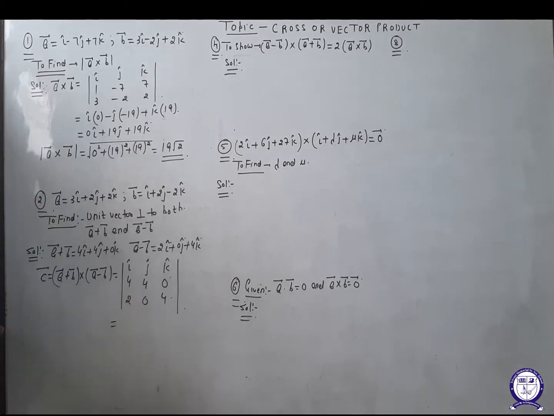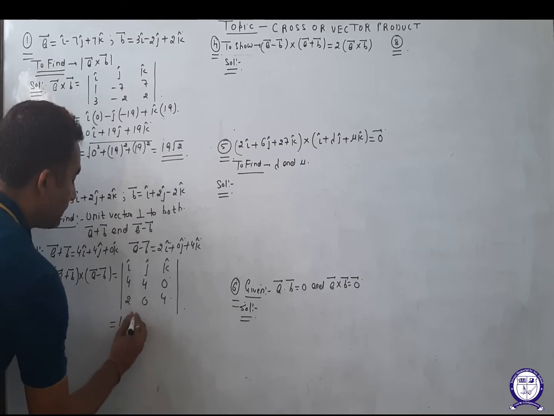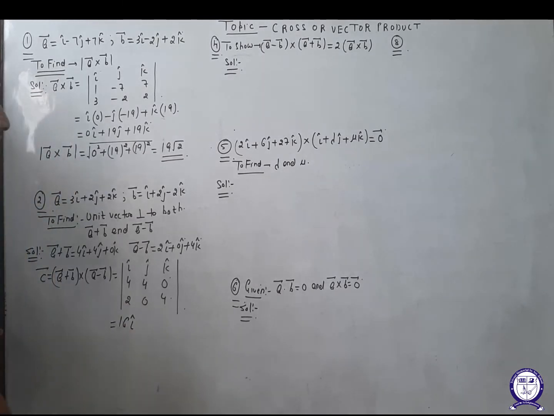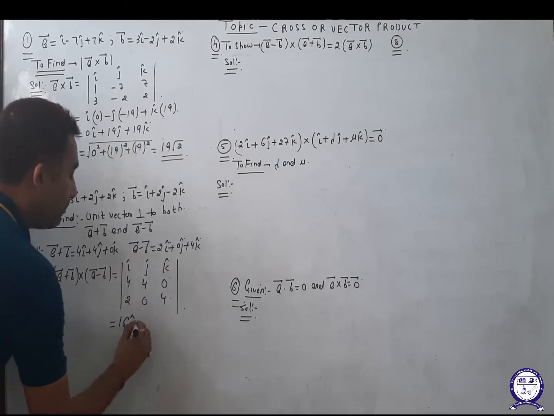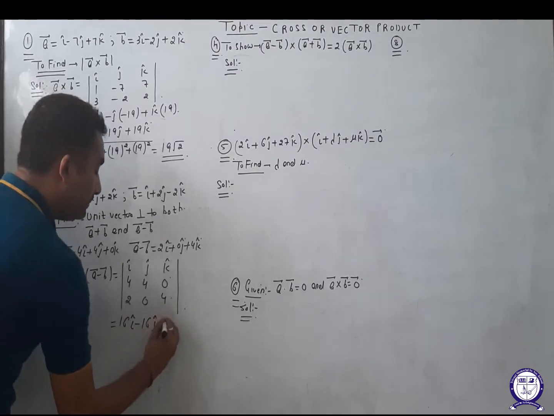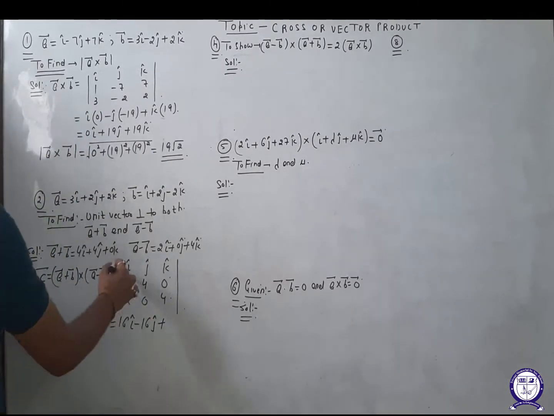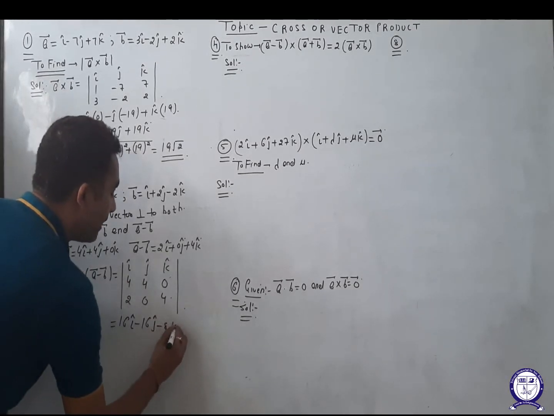Get the vector, that is i cap into 16 i cap minus j cap, that is minus j cap minus 16 j cap plus k cap, that is 0 minus 8 k cap. It becomes minus 8 k cap.